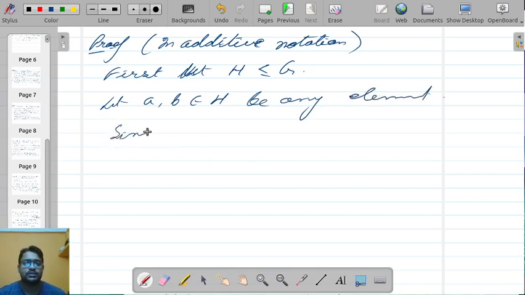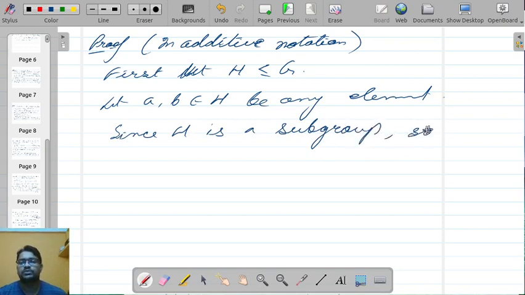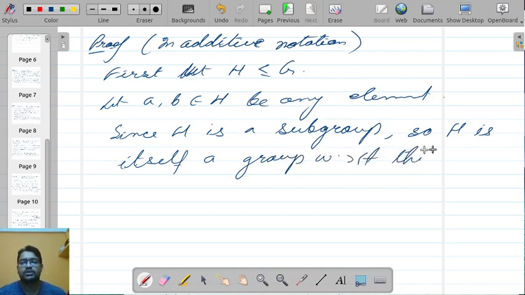Since H is a subgroup, it is itself a group with respect to the same operation as in G.